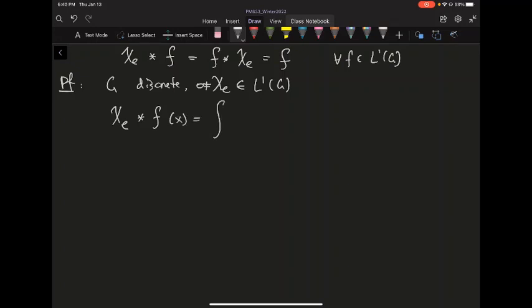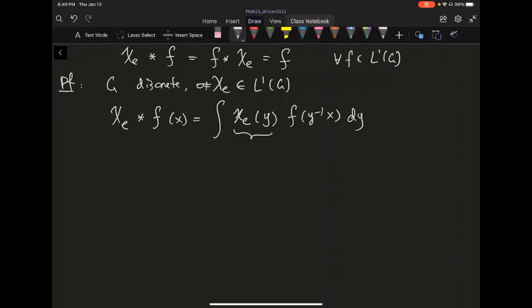This is the integral of chi E at y times f at y inverse x, dy. Again, dy is the left Haar measure, and let's just pretend that dy is the counting measure. Chi E of y is only equal to 1 when y is the identity.